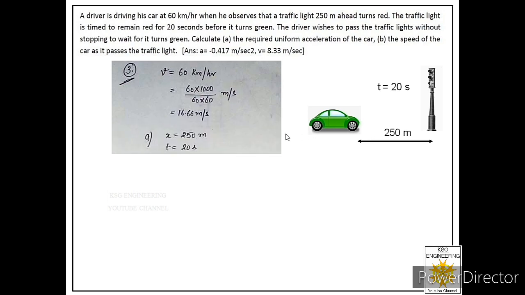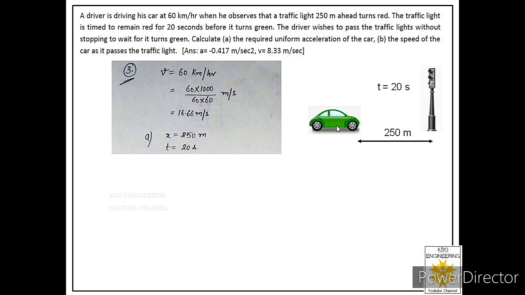And in the A part, we are given these two values, that is the distance between the car and the traffic lights and the timing of the traffic lights. So over here we are given a time of 20 seconds, meaning if the driver doesn't want to stop at the traffic lights, then he has to drive his car in such a way that he travels this distance of 250 meters in 20 seconds.